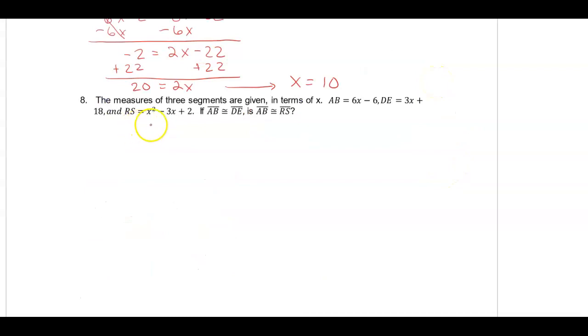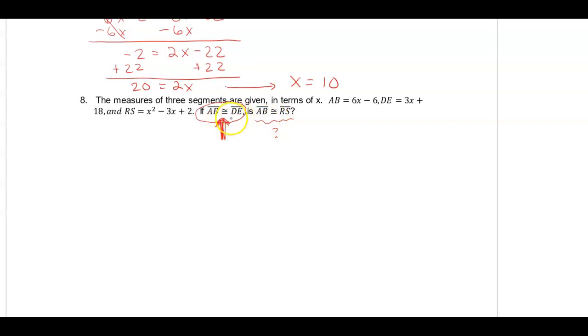The measures of 3 segments are given. If AB is congruent to DE, okay, so they're telling us this is a fact. AB is congruent to DE, and we are supposed to decide if this is true. So that's the question. So we start with what we have as a fact.